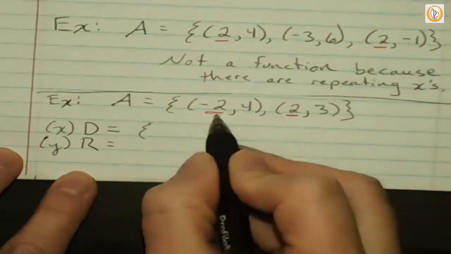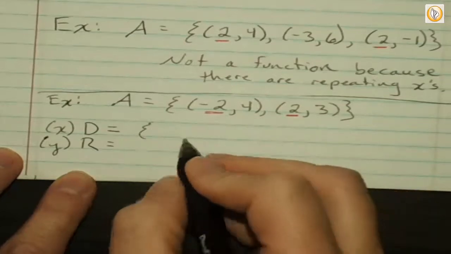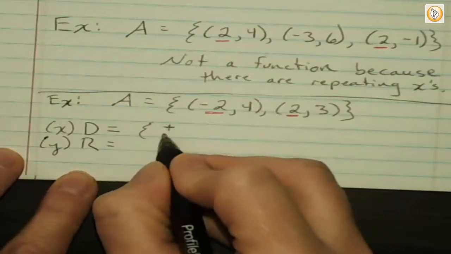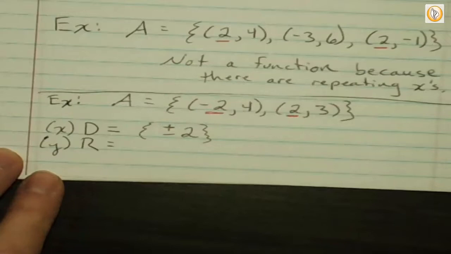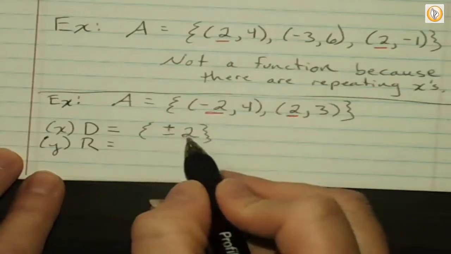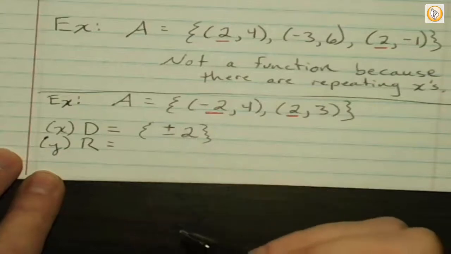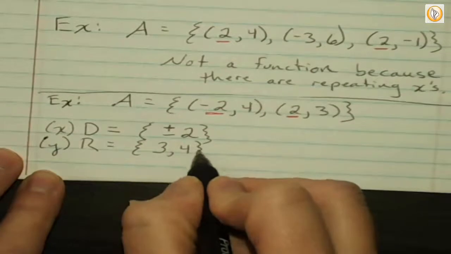Look, the 2's are the same, correct? Except one's negative, one's positive? Look how you can do it. That means -2 and +2. If that confuses you, don't do it anymore.